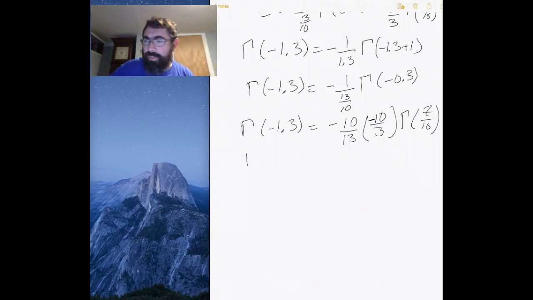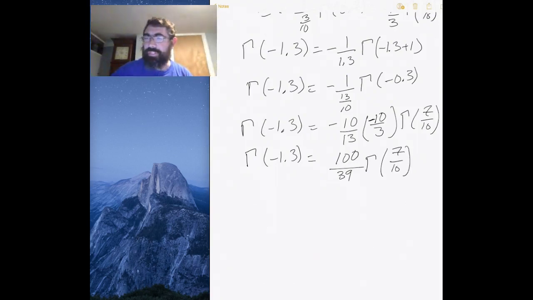So if I put that together, gamma of negative 1.3 is equal to positive 100 over 39 times the gamma function of 7/10. So again, I still have to figure out what that base number is. I still have to calculate what gamma 7/10 is. But if I did, that's the closest base number I need. I can just plug that in, and now I can have the gamma of this negative number.